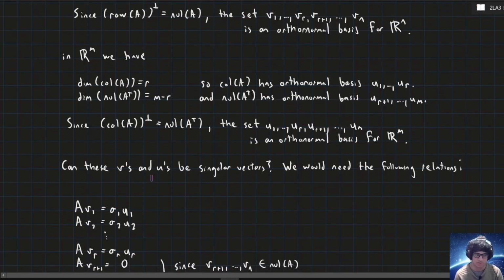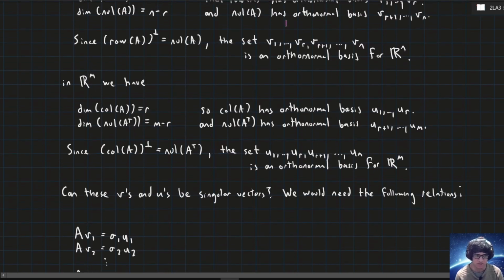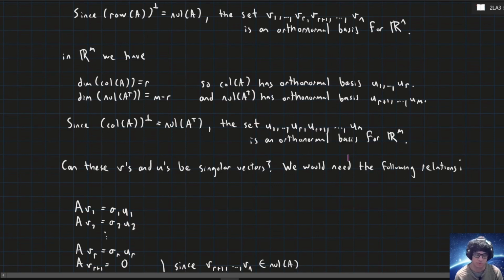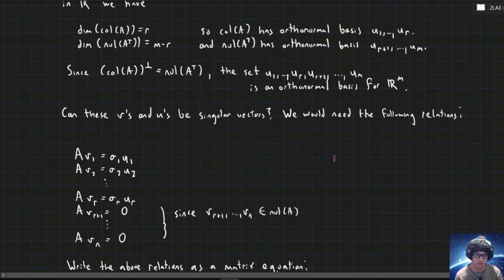We can now ask, what would it mean for these v's and these u's to be singular vectors of A? What are the relationships we'll need? These are the relationships we'll need. We'll need that A times v1 equals sigma 1 u1.